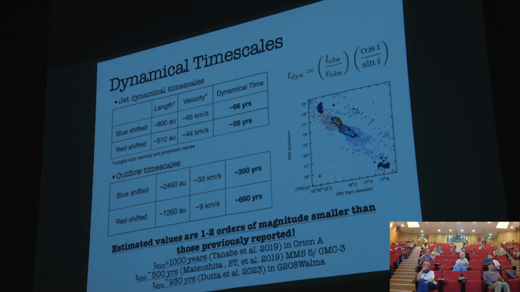But this source has a dynamical time scale 1 to 2 orders of magnitude smaller than those previously reported. So we can expect a very embedded nature with a very compact jet, meaning a very young phase of the protostellar source, probably right after the formation.